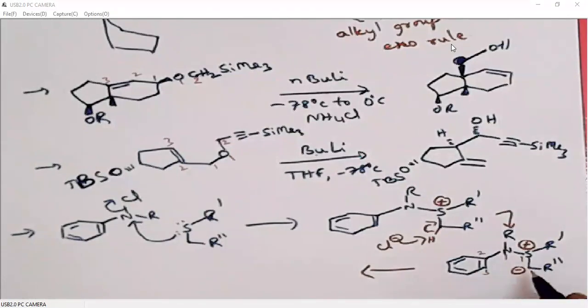This is 1, 2. So there will be a bond formation between 2, 3 systems, and there will be a bond breaking between 1, 1 systems. I'll give the product. I am missing one intermediate, so you try to predict that.